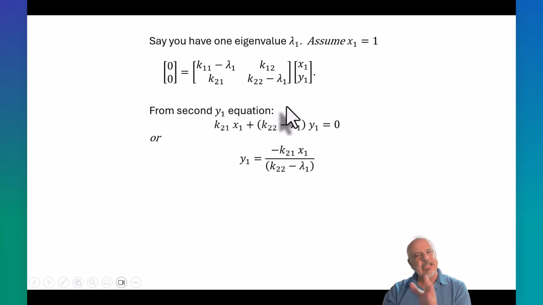So I'm going to use the second equation, the bottom equation, and I'm going to solve for y1. When I solve for y1, I get this relation here. I could temporarily set x1 equal to 1, and then I could get my y1, and then I could normalize it. So this is how I get the direction, the eigenvector that goes with the particular eigenvalue of lambda 1.